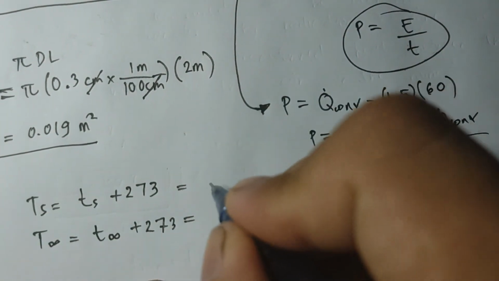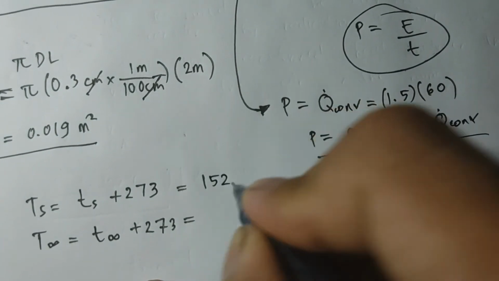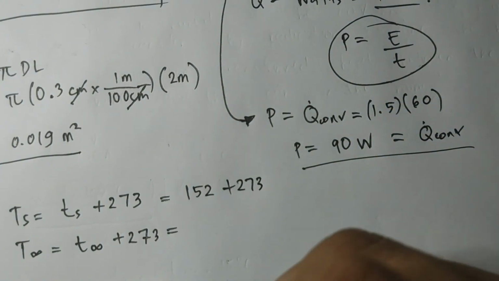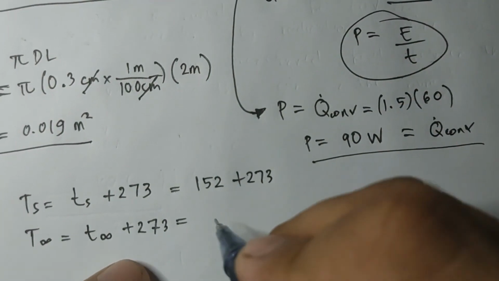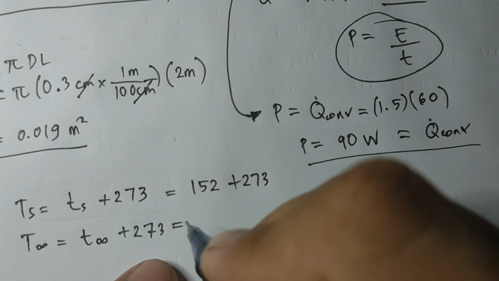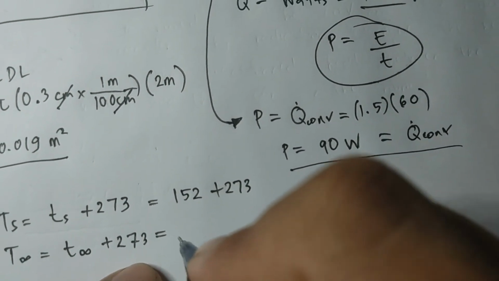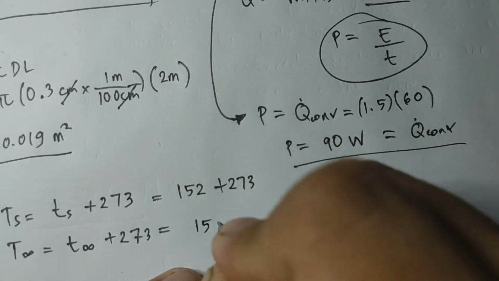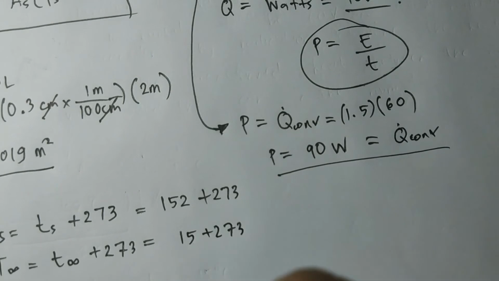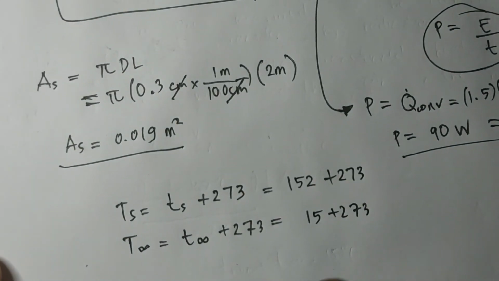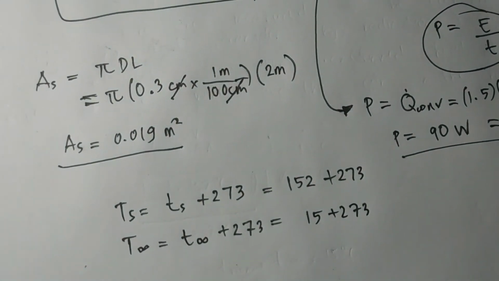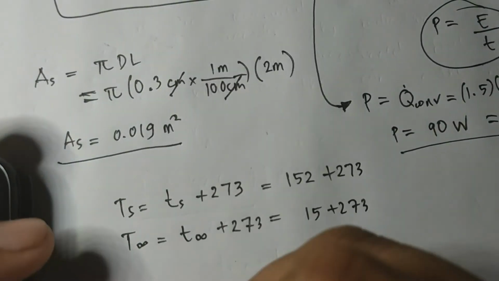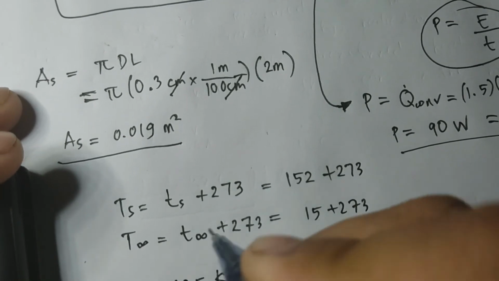So, T S plus 273 and T infinity plus 273. So, T S, we have 152. Plus tayo ng 273 para maging Kelvin yan. Tapos, meron tayong T infinity or temperature ng room or ng air na 15 plus 273. 152 plus 273, we have 425 Kelvin.